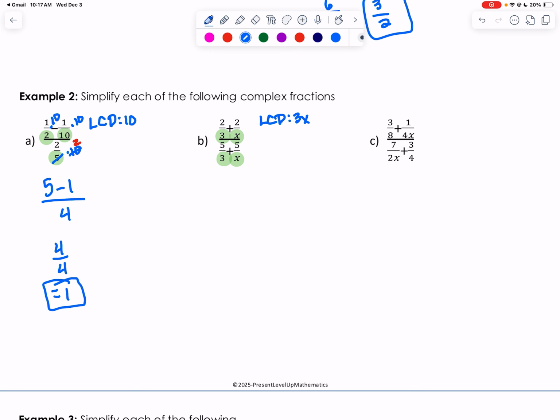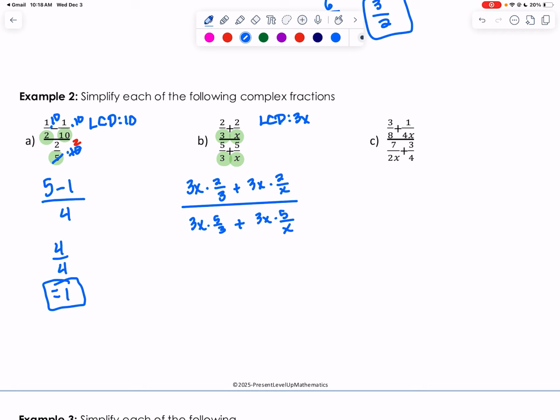Now, the next step is the step students hate to do just because it takes time, not because it's hard. But that is to write out each one of these terms multiplied by 3x. And you'll see in a minute why it's so important. 3x times 2/3 plus 3x times 2 over x. 3x times 5 over 3 plus 3x times 5 over x.